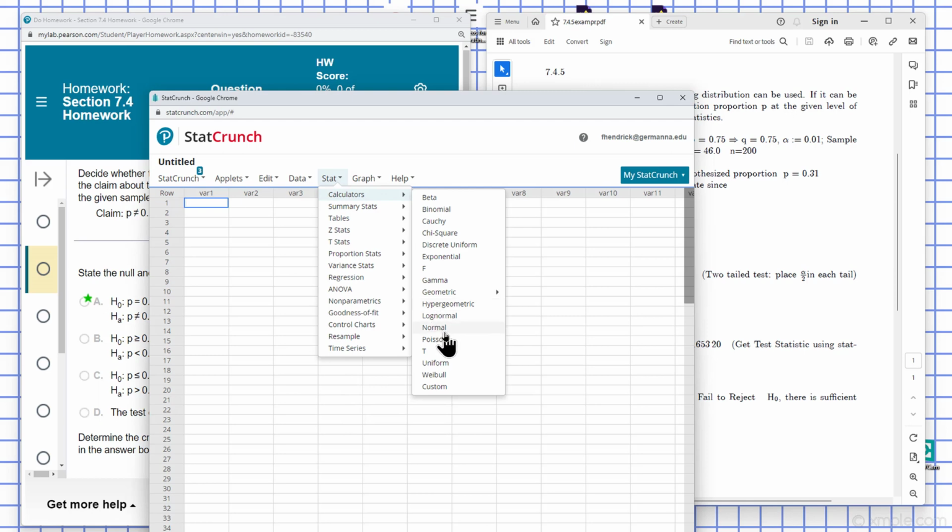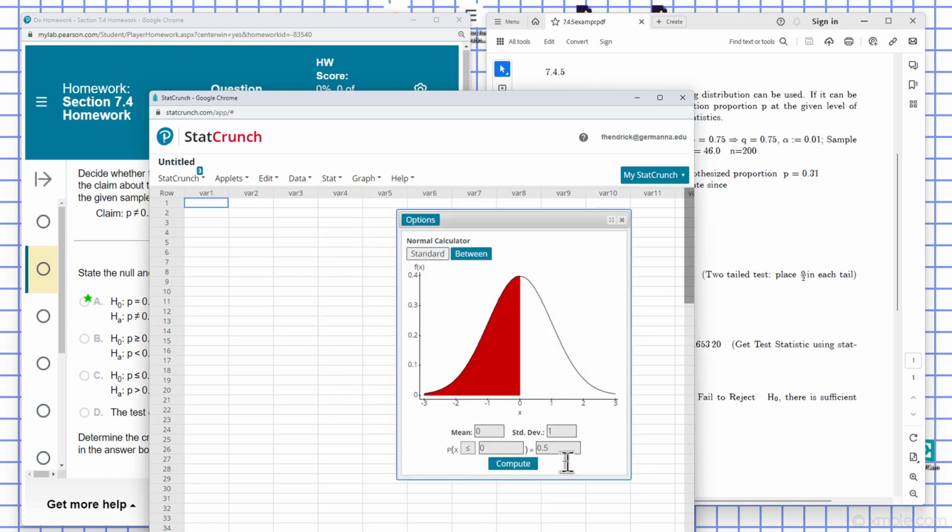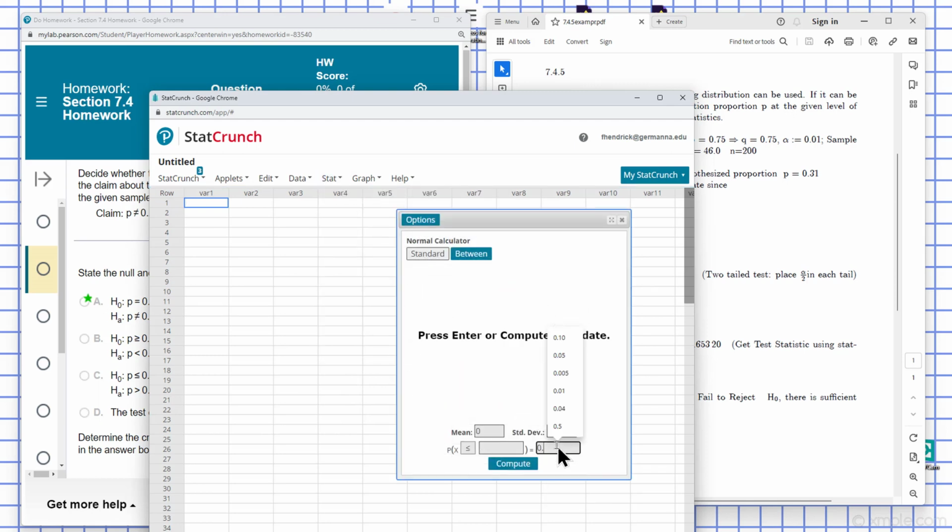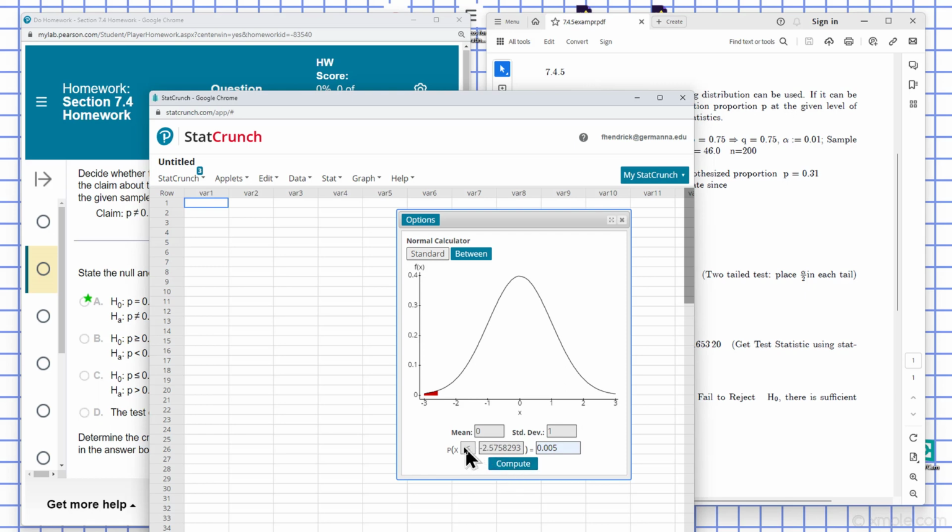Stat, calculator, normal, 0.005. Click compute, and that gives me the area to the left-hand side. By symmetry, there's another area on the right-hand side with the same value, with a positive 2.57.